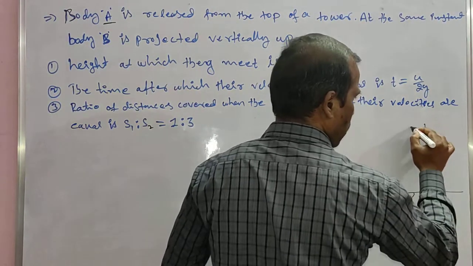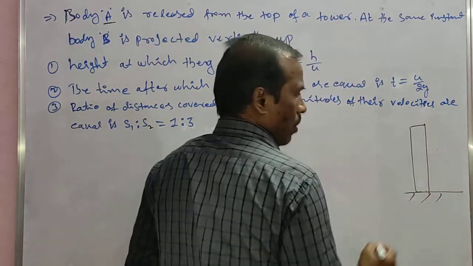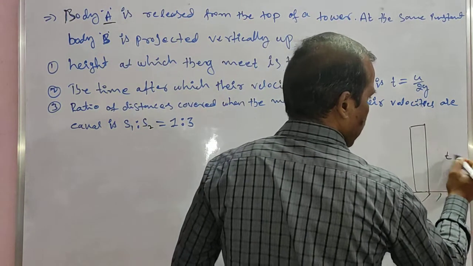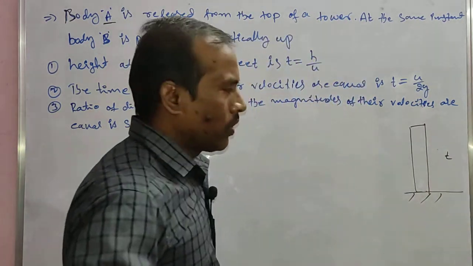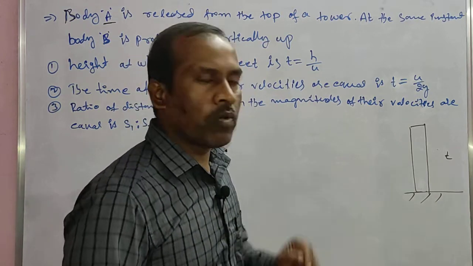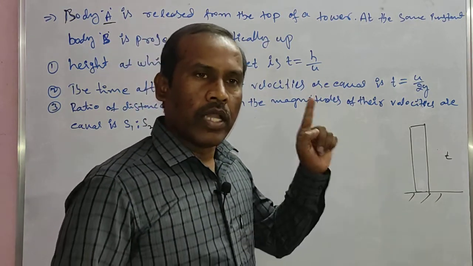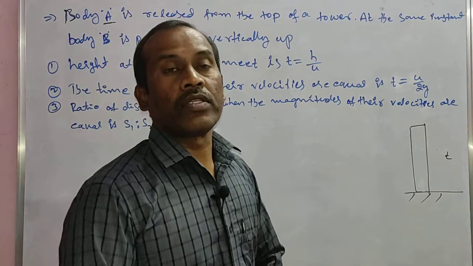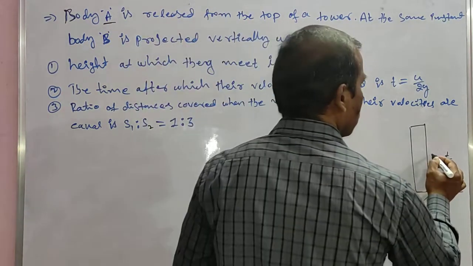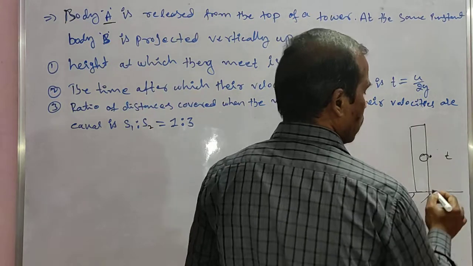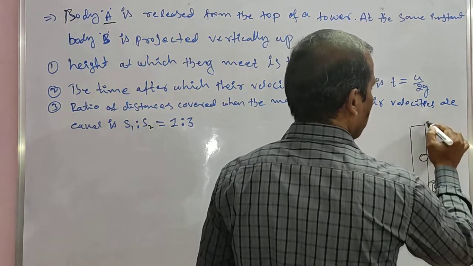Here is the tower. At any instant t, both bodies meet at point O with the same velocity. For example, O is a point, with body b and body a.